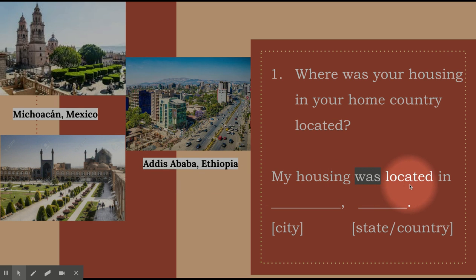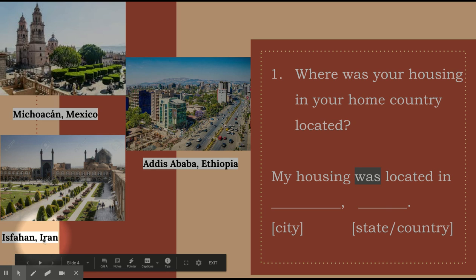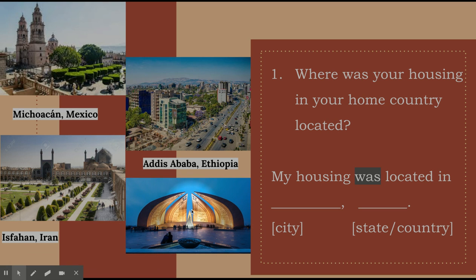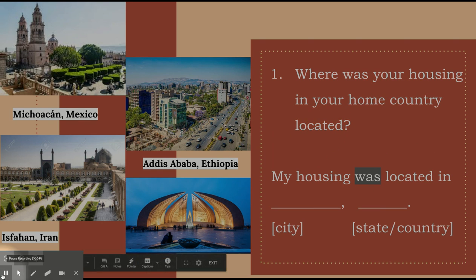My housing was located in Isfahan, Iran. And the last example, my housing was located in Islamabad, Pakistan. So here are 4 examples of housing locations. Let's continue, class.